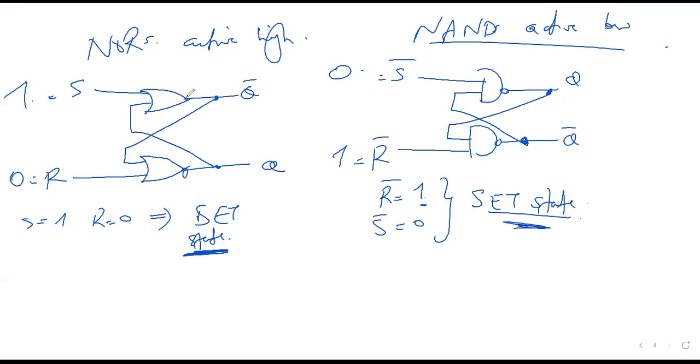Because of this, NOR and NAND. The NAND one can then be modified because we know what S bar is. How do we find S bar from S? If I have S, then here I have S bar. So it means I can do this. Put another NAND. Now I have an active S. Put another NAND.